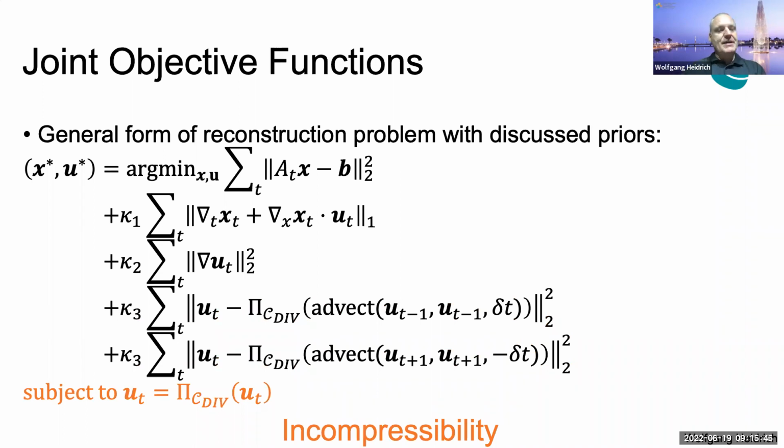And sorry, I have the slides, but I think it would just take too long to introduce you to how this projection operator is actually computed. But basically, it is very similar to a step that we use in fluid simulation. So it's basically a partial fluid simulation step that we put in as a regularizer for our reconstruction problem.